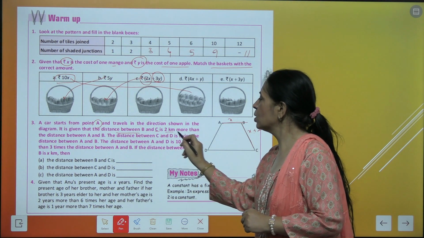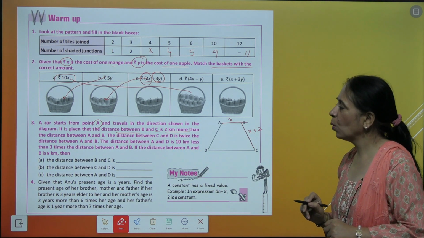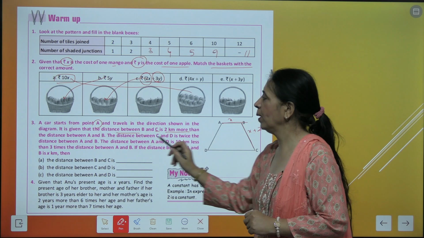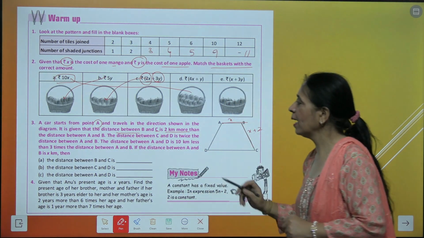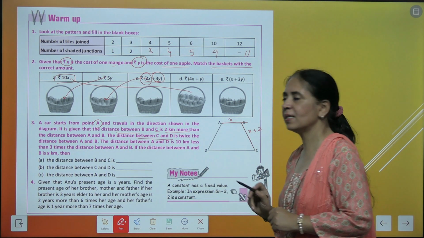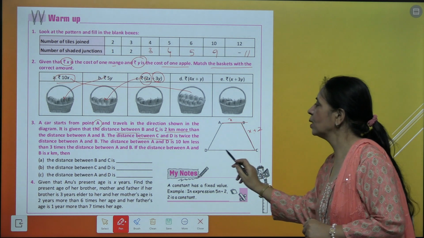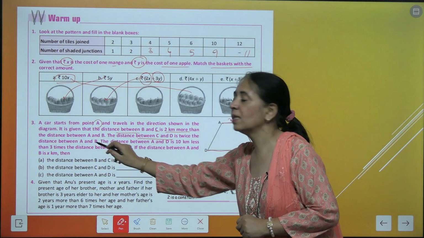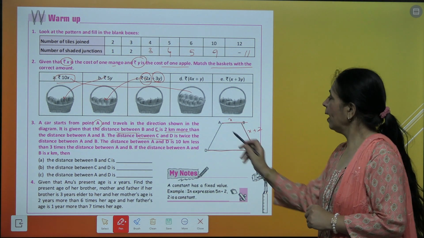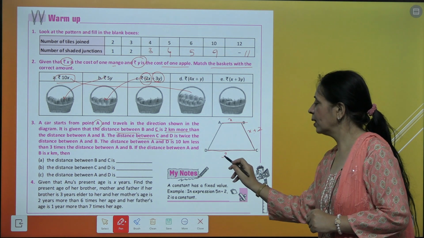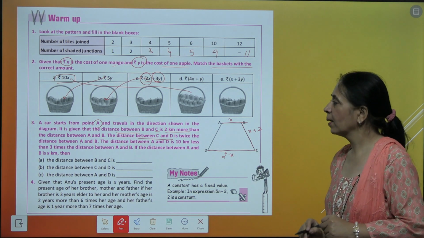Now C is 2 kilometers more than the distance between A and B, and after that the distance between C and D is twice the distance between A and B. The distance between A and B was x, so this distance is 2x, right?